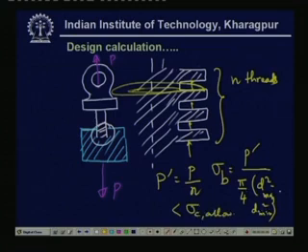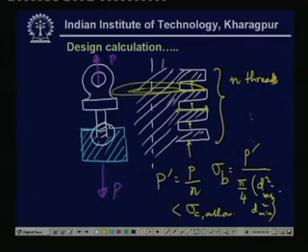Now, from this we can find out the values of minor diameter and major diameter, etc. Given one diameter, we can find out the other diameter, that is the width or the height of the thread.